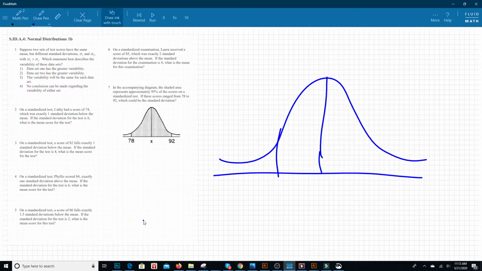This is 1 standard deviation, that's represented by sigma. This is plus, and this is minus the mean. Mu represents the mean, right? So between 1 and 1.5, and then this is 2 standard deviations below the mean, 2 sigma.